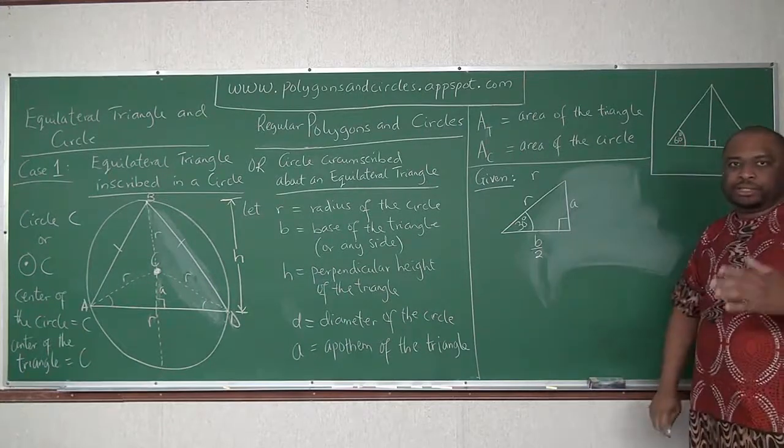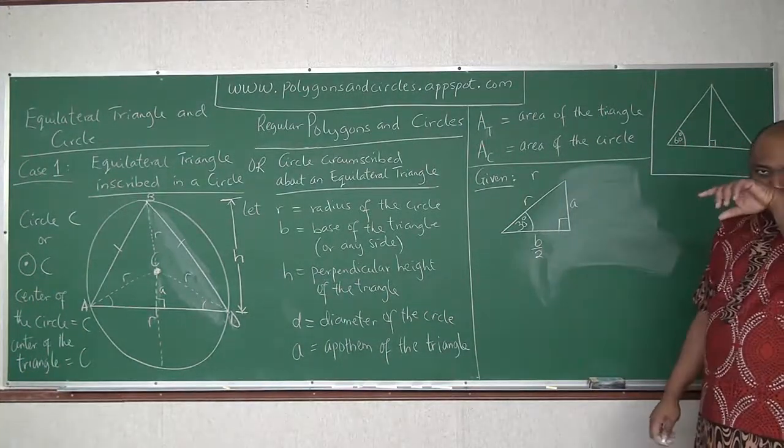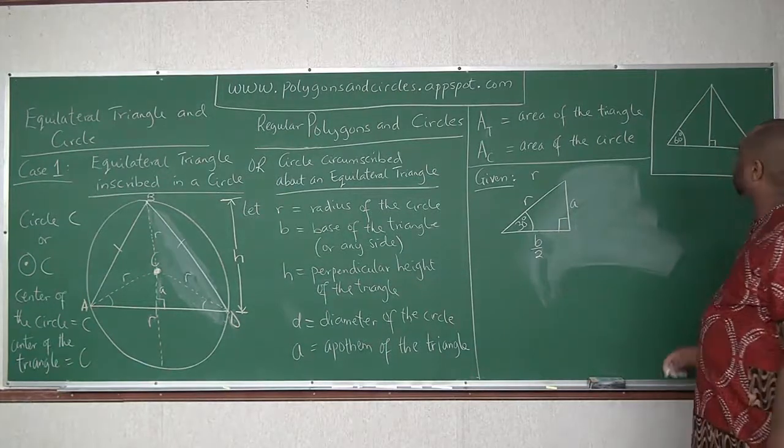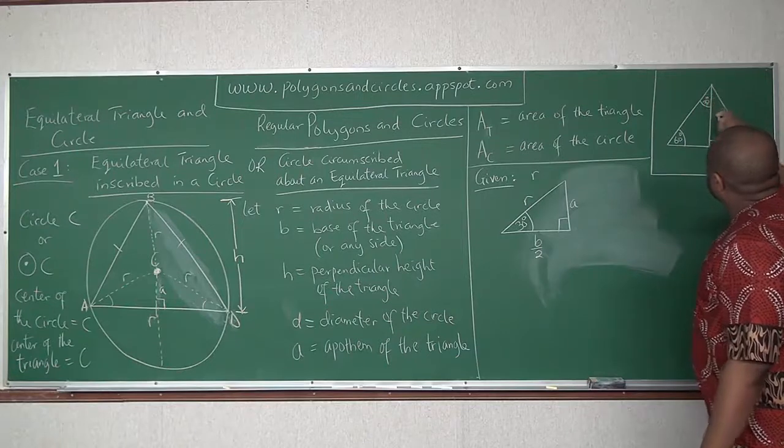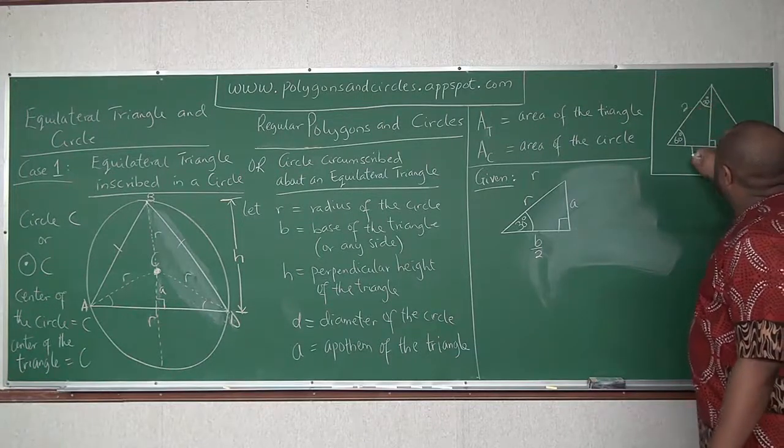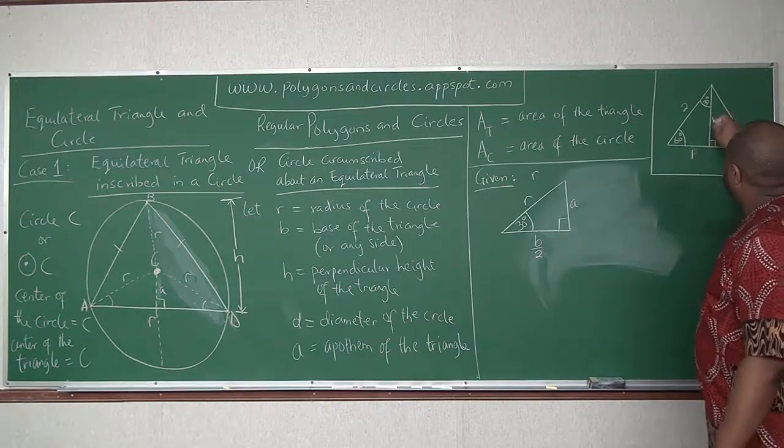If you look at my videos, we did this in the unit circle and also in triangles. You have 30 degrees here, 60 here. This is 2, this is 1, and this is root 3.